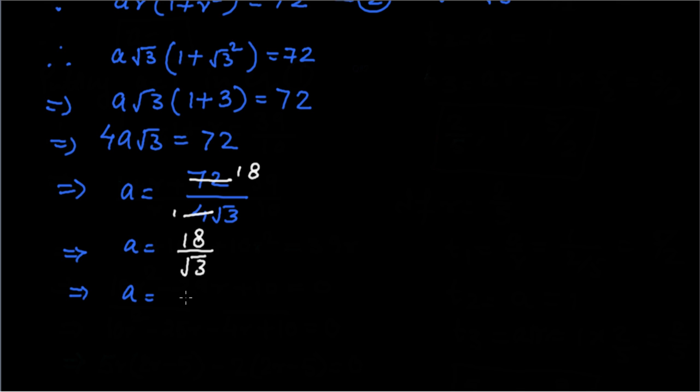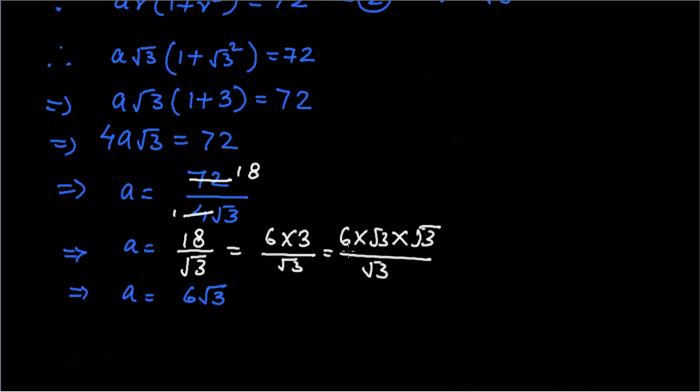We can write this as 6 root 3, because 6 into 3 is 18 by root 3. Here we are doing 6 into root 3 into root 3 by root 3, and the root 3 will eliminate, and we get 6 root 3. So we have got A and R both.